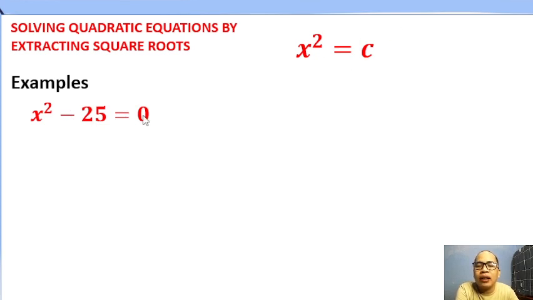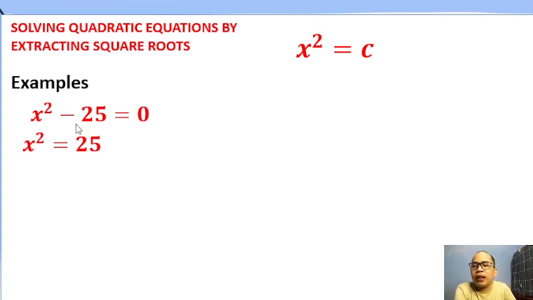Ang gagawin natin is kailangan gawin muna natin in this form, x squared equal to c. To make this in this form, ita-transpose lang natin itong negative 25 into the other side of the equation. So, magiging x squared equals 25.